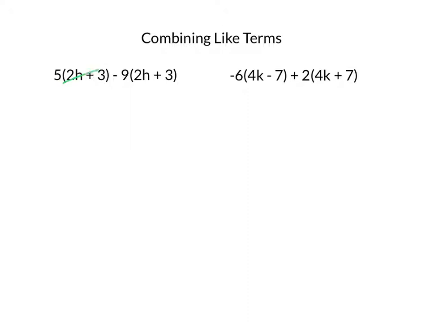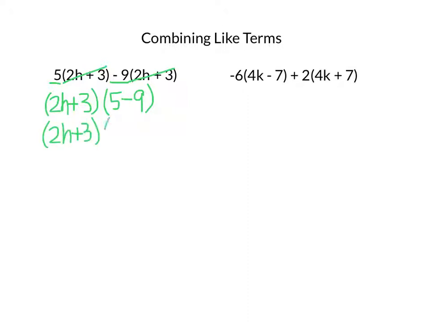So if we factor that out and put it in front, we want to leave it in the parentheses, 2h plus 3. What I'm left with is 5 minus 9. But that has to go in parentheses too. Now I can not do 2h plus 3, but I can do 5 minus 9. So this turns into 2h plus 3 times negative 4.